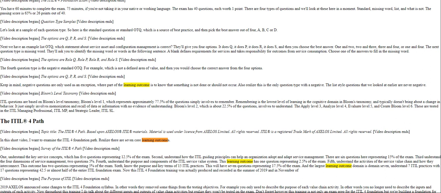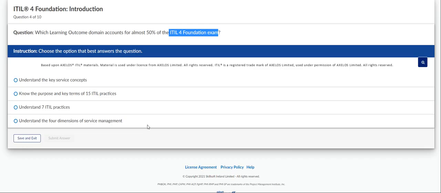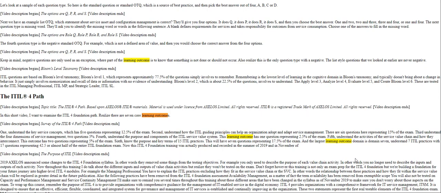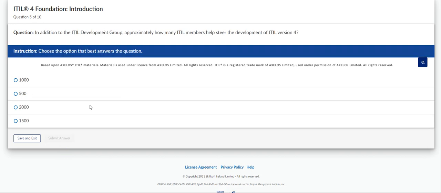In this video, I want to examine ITIL 4 Foundation. This learning outcome domain is okay, and the largest outcome domain is domain 7. Understand this one. Yep, we got it right.